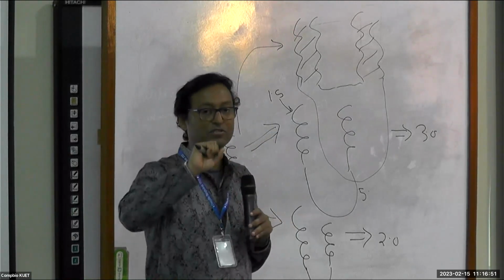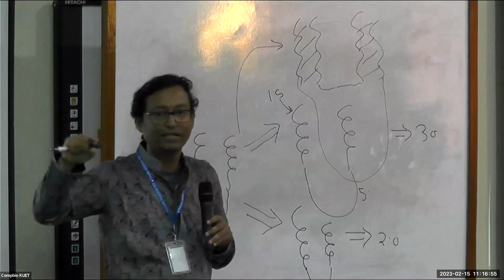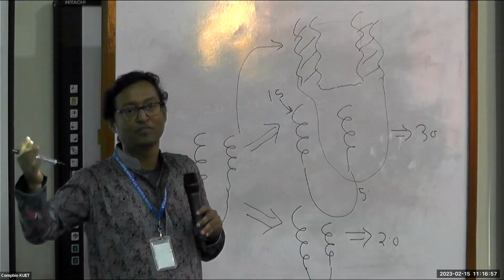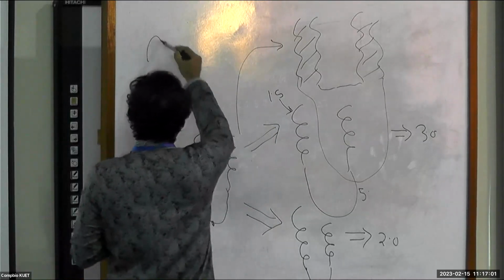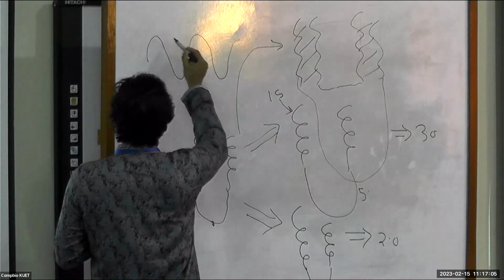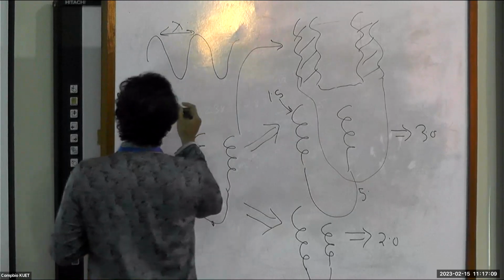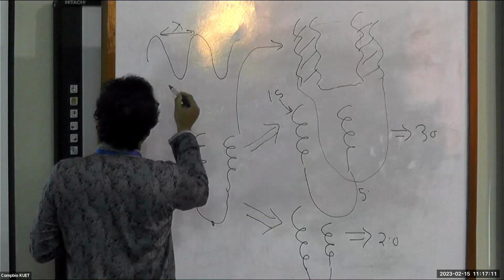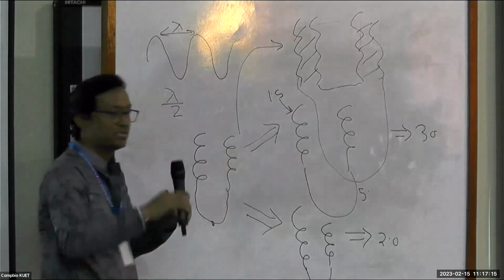In X-ray, resolution means, like, I'm sending a 3 angstrom wavelength. Ideally, I should have a 1.5 angstrom resolution, because a wavelength of light can see two things. So this is the wavelength, lambda. Anything lambda by 2, this wavelength can see it separately.